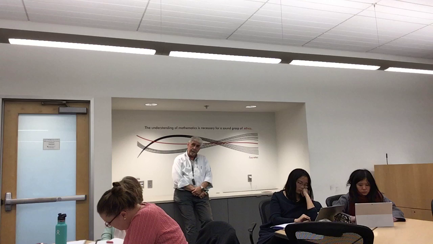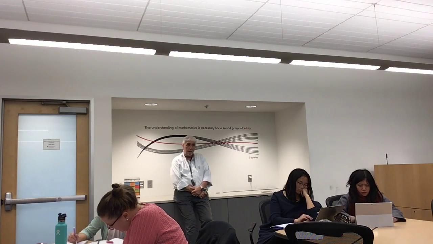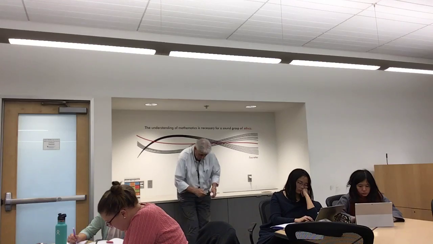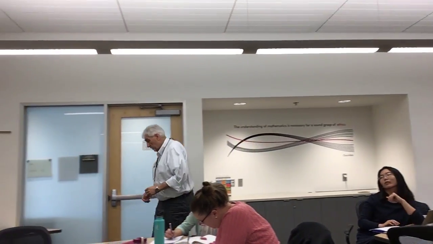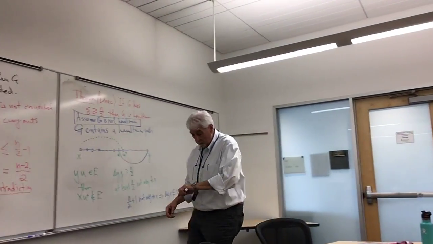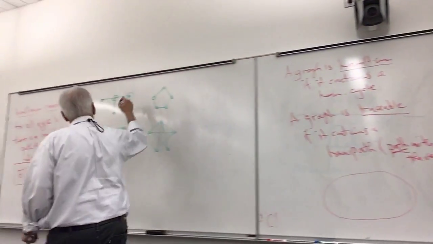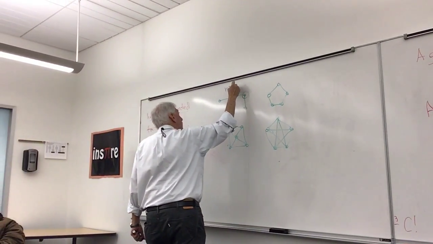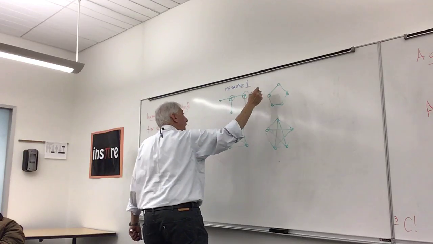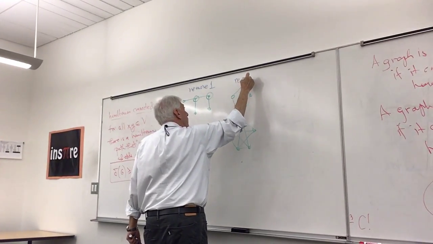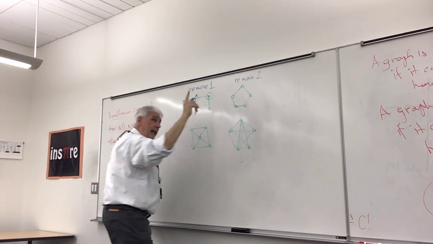What about the square with a vertex in the middle? Okay, so one more time. Remove 1. Remove 1 to disconnect. Remove 2. Now, it's not any one, right?